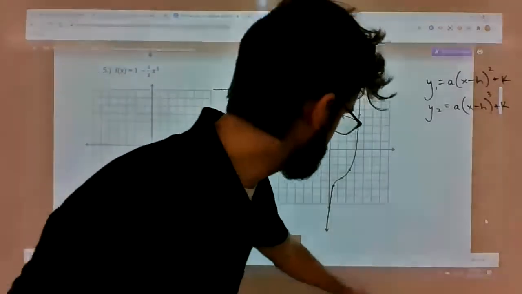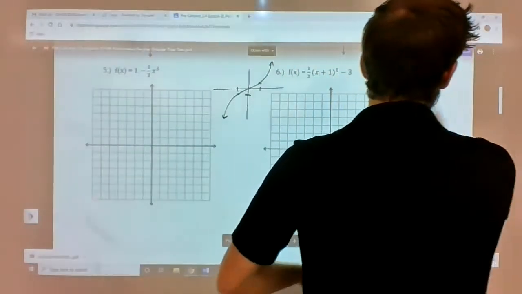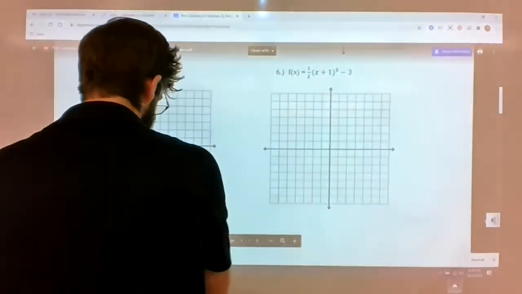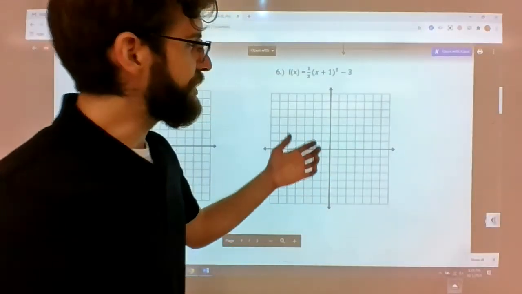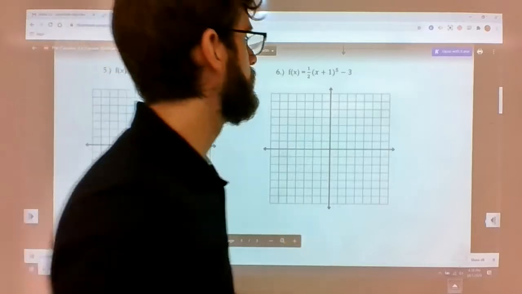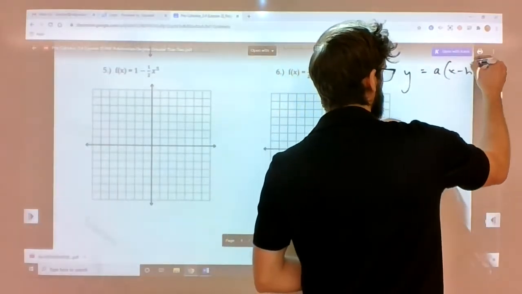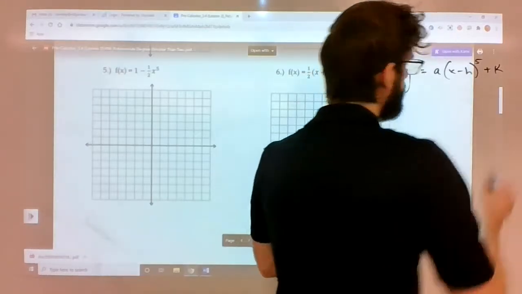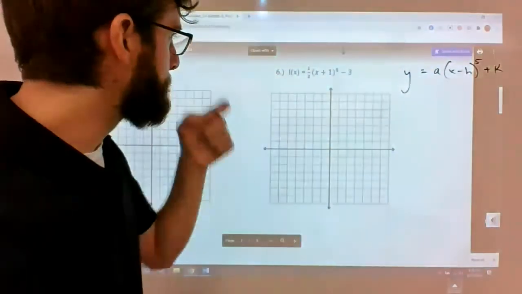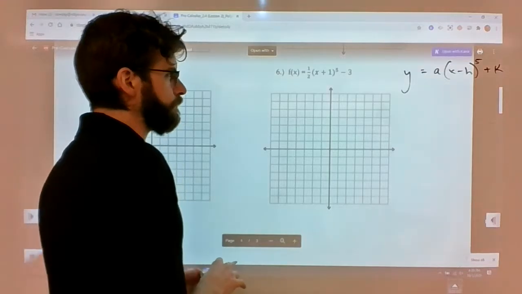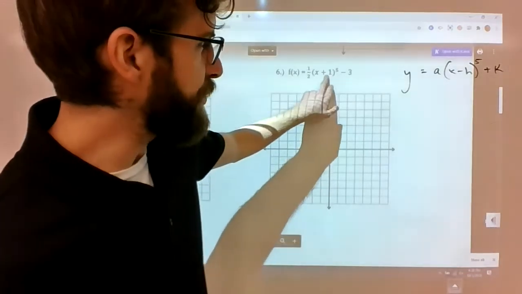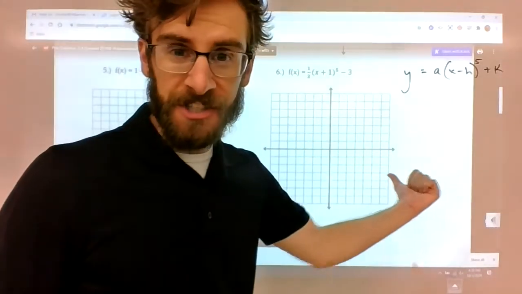Let's look at number 6. So we talked about cubed functions. What about functions to the fifth power? Well, like I was just saying, the plus 1 in there means that we're going to shift our center.